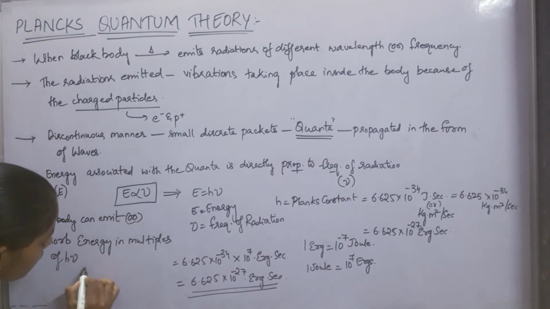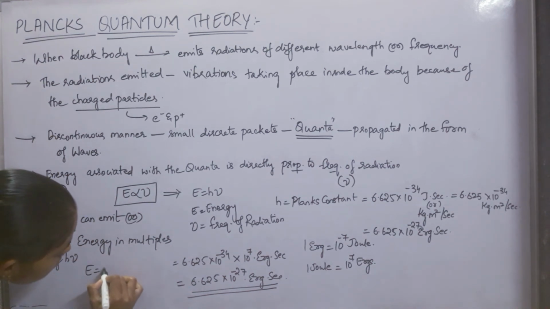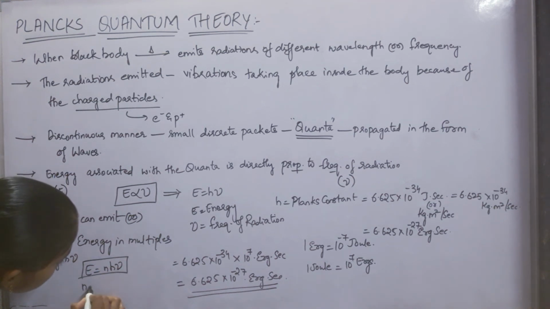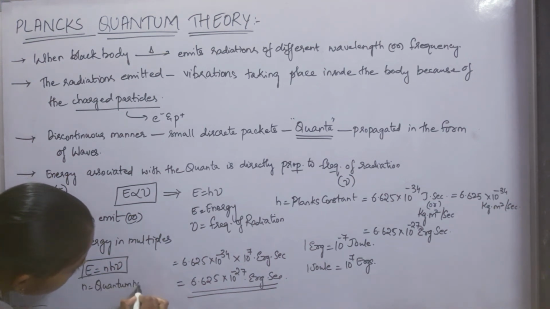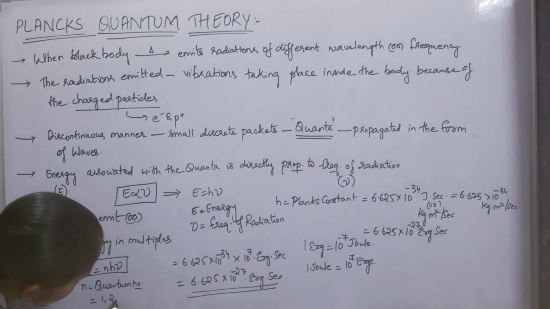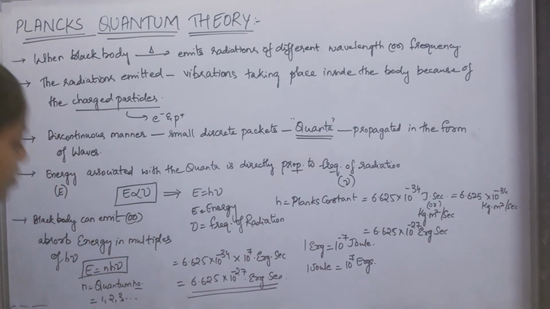Multiples of h nu, in the sense we can write it in the form of E equals n h nu, where n is the quantum number, which is equal to 1, 2, 3 and so on. So this is Planck's quantum theory.